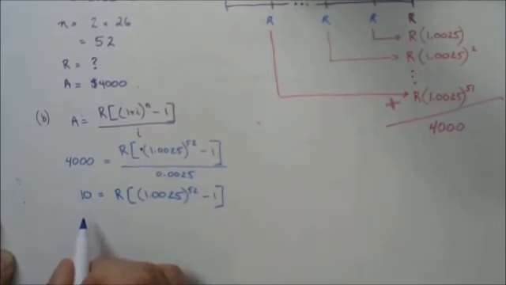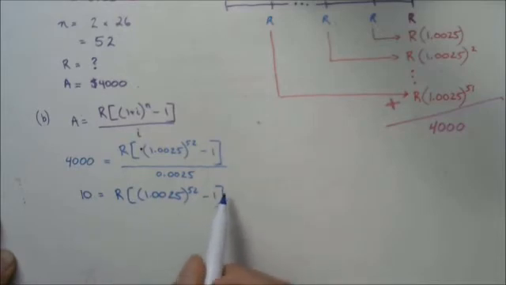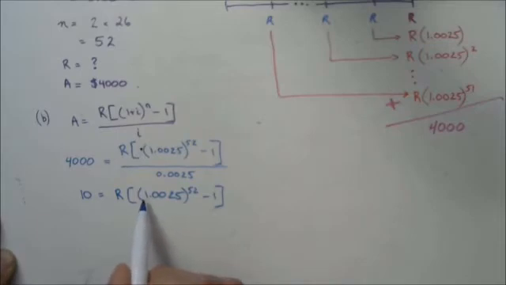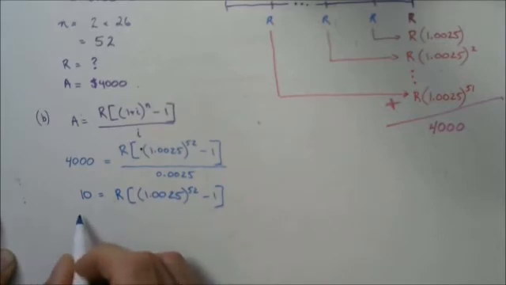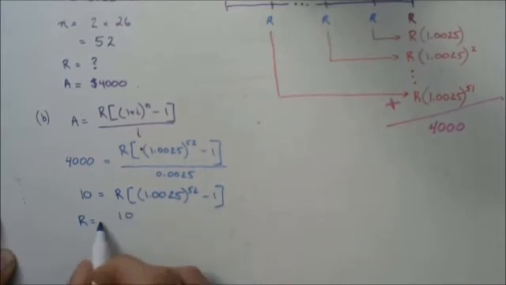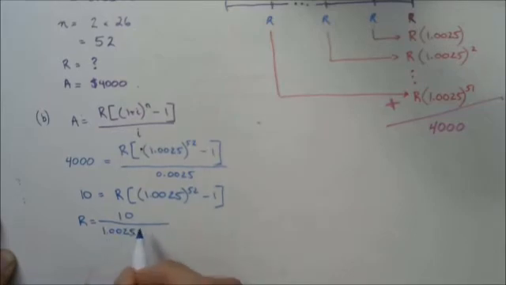Now what are we going to do? We are going to divide both sides by this whole chunk. We're going to divide both sides by 1.0025 to the power of 52 minus 1, this whole square bracket thing, to isolate R. So we have, and I'm going to put R on the left here as well, R equals 10 over 1.0025 to the power of 52 minus 1.